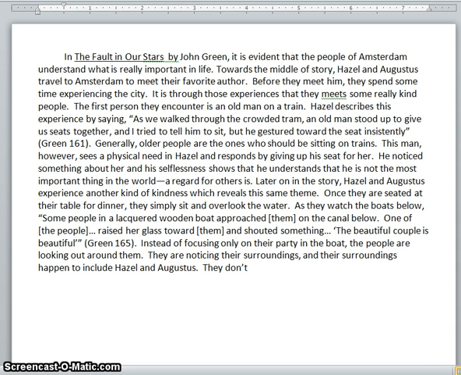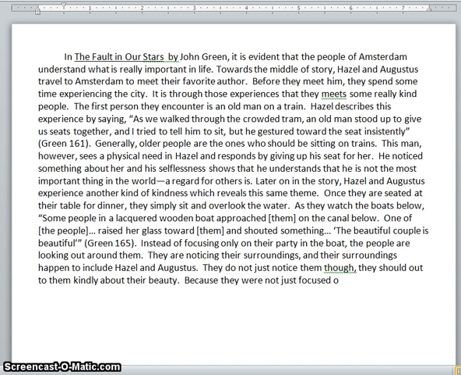They do not just notice them, though. They shout out to them kindly about their beauty, because they were not just focused on what was happening in their boat.